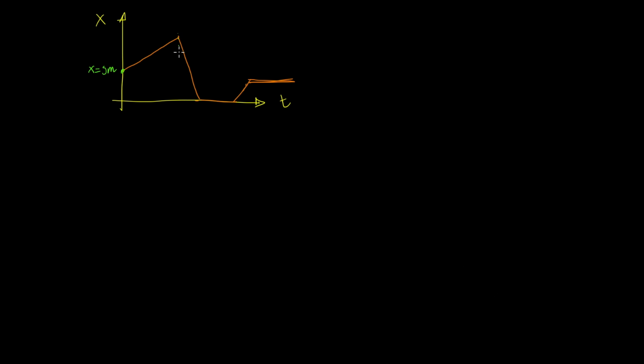At t equal to 2 seconds, the position of the body is at 10 meters. At t equal to 3 seconds, the body goes back to 0 meters. At t equal to 4 seconds, it holds that position at 0, and at t equal to 5 seconds, it goes back to 5. So there you have it. That's the x versus t graph that we would be using throughout the video.